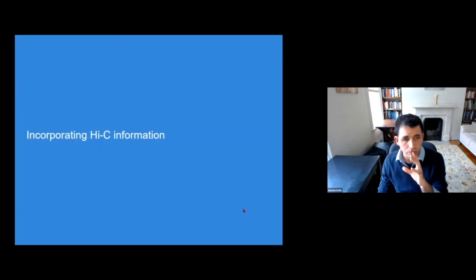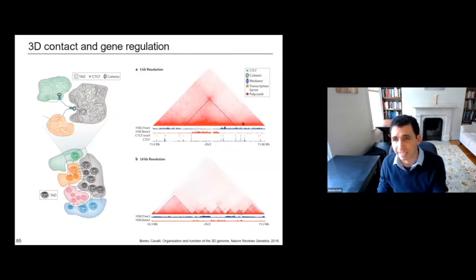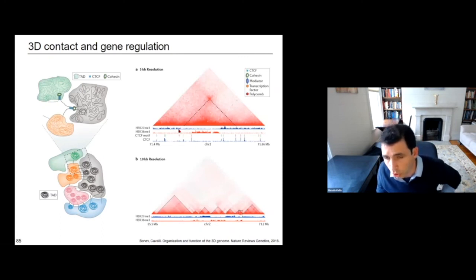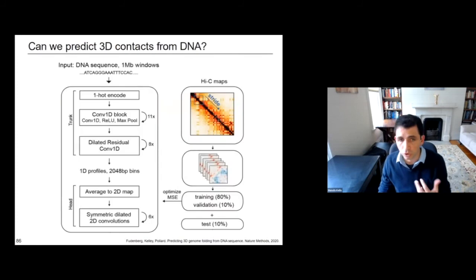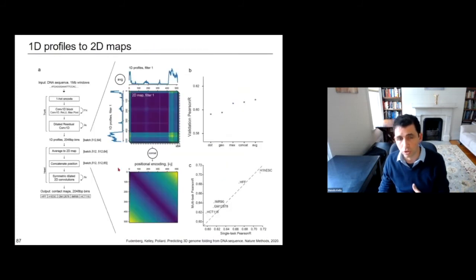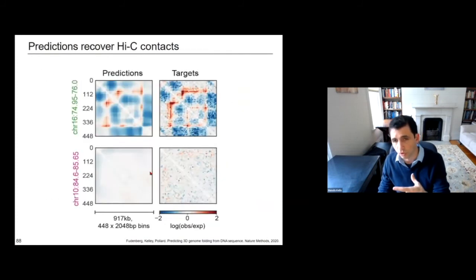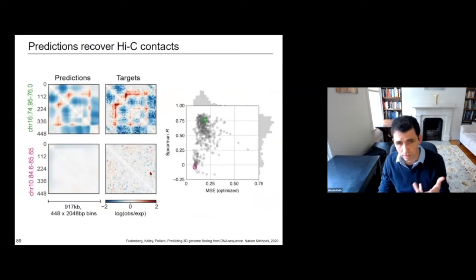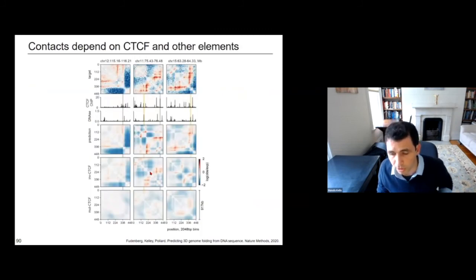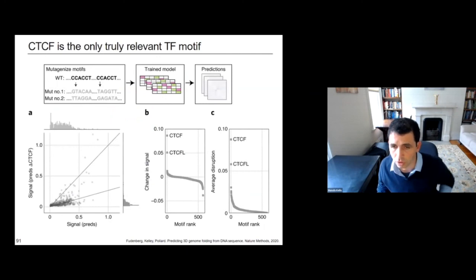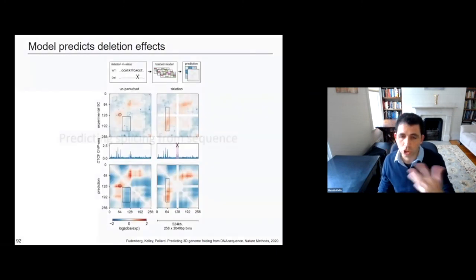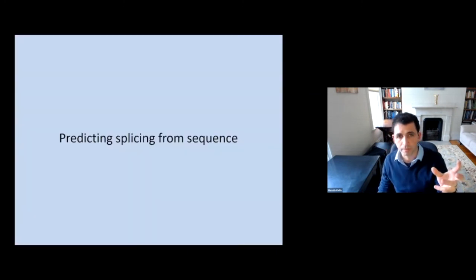So you can incorporate Hi-C information in your systems to basically say, not only do I have the linear binding of particular transcription factors, but I also have information about their interactions and how they're looping in 3 dimensions. And you can feed that through your convolutional neural network as additional layers of information, additional features for your prediction. And you can change the architecture to specifically do that.